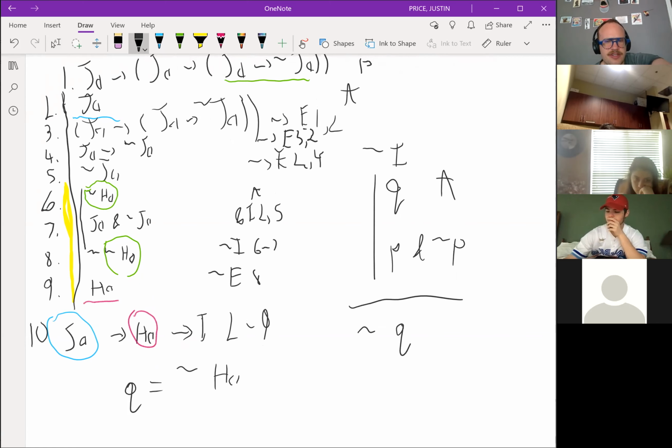Because negation introduction doesn't let us, right. So if we assumed a non-negated HA, then what we would get is negated HA, right?